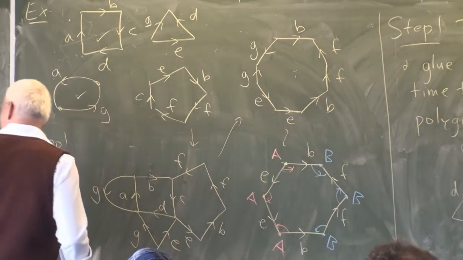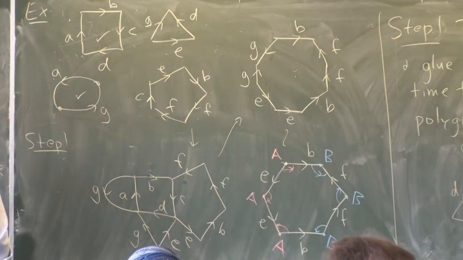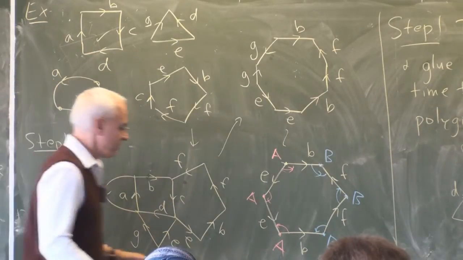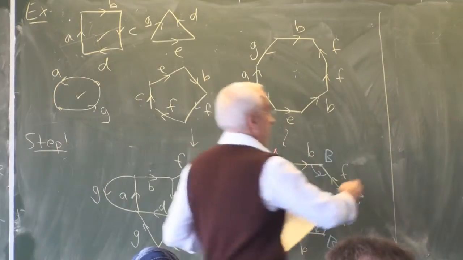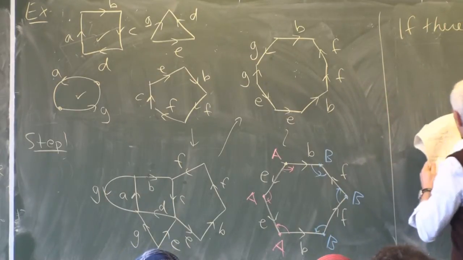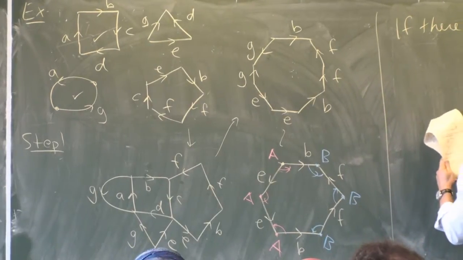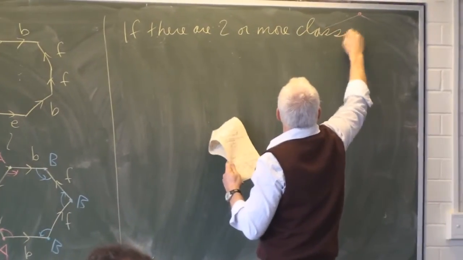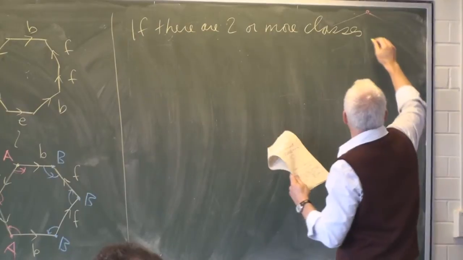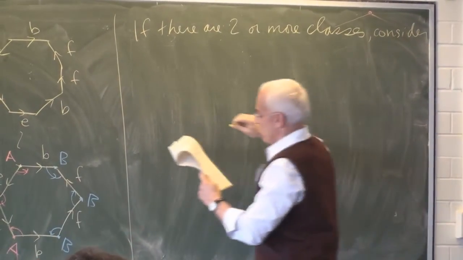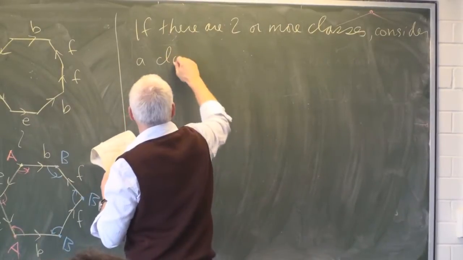And what we want to do is we want to only have one equivalence class. That's the main step now. Okay, so if there are 2 or more classes of these vertices, we consider a particular class.